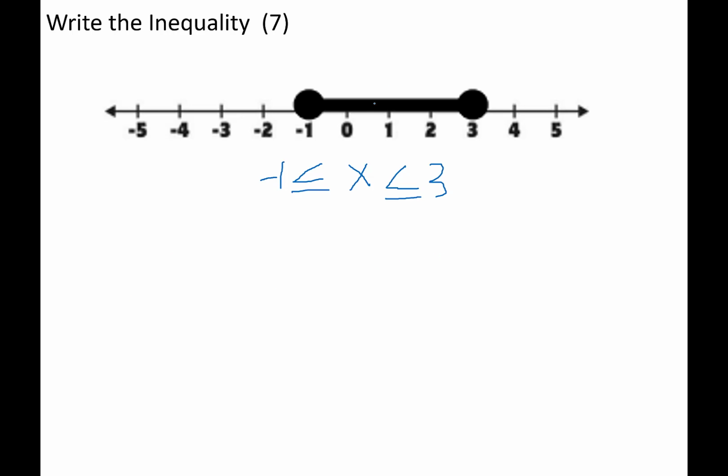We could also look at this and try to write it as two separate inequalities if it's confusing looking at both. Just start with your left side. What is my inequality there? Well, I want x greater than -1, and I want x less than or equal to 3.